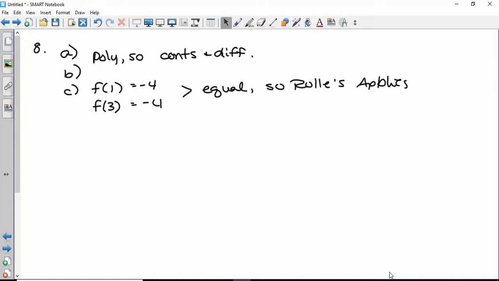Rolle's theorem said that the derivative had to equal 0, but isn't that the same as the slope between the endpoints because they have the same y value? So it's really just a special case of the mean value theorem. So we need to find our derivative. And that would be -12 plus 6x. Set that equal to 0.